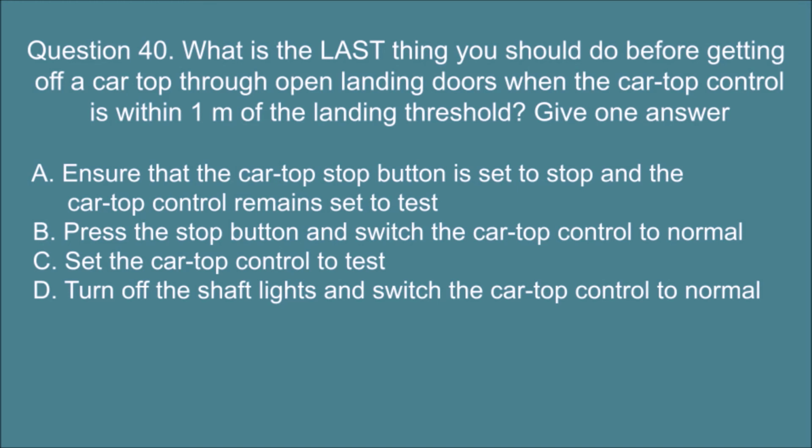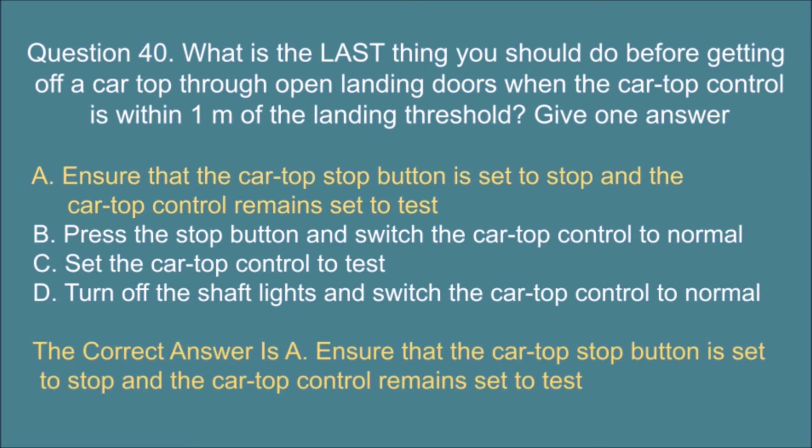B. Press the stop button and switch the car top control to normal. C. Set the car top control to test. D. Turn off the shaft lights and switch the car top control to normal. The correct answer is A. Ensure that the car top stop button is set to stop and the car top control remains set to test.